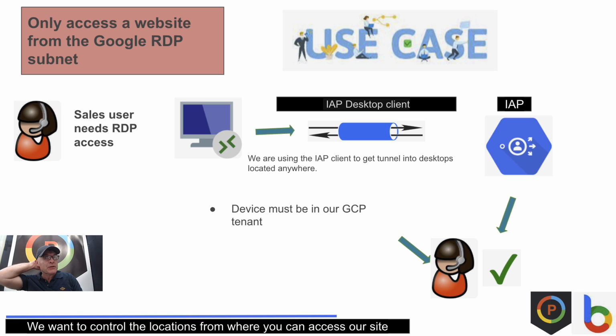We want to make sure that when our users access a specific environment that is very sensitive, they access it from our RDP environment inside GCP. So we're going to set a policy that says, if you're not inside the GCP environment, don't give people access to this website.